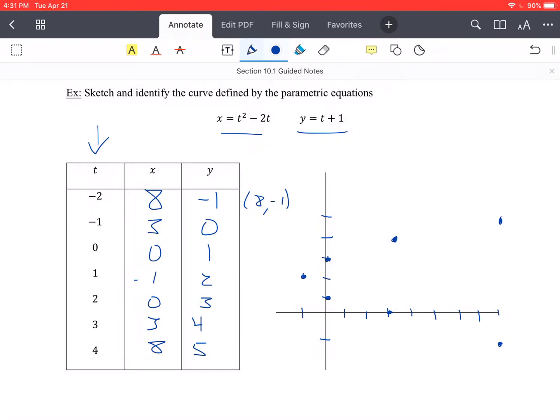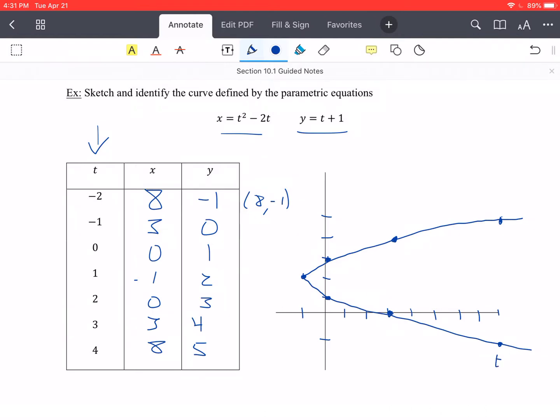So if we connect these dots, you can see the type of shape that we have here. This is parabolic in nature. It's a sideways opening parabola, and each of these points corresponds to a t value.